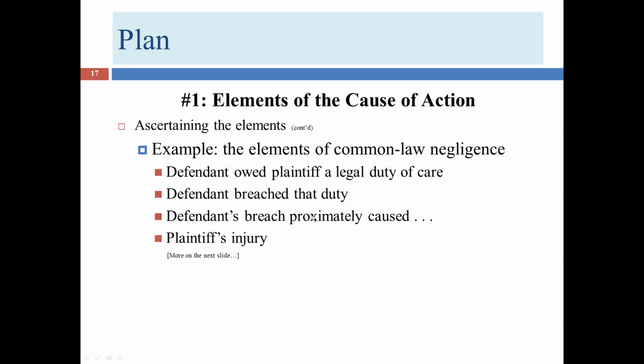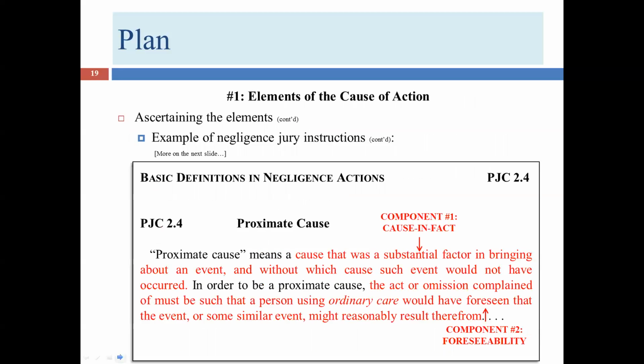Defendant's breach proximately caused. Let's pause here and look at the word proximately. This is not a word that most of us use on a regular basis, at least outside of the law. And so let's look at that a little bit more carefully on this slide. Proximate cause. There's a definition here. And again, this is the definition that the jury will most likely hear. Proximate cause means a cause that was a substantial factor in bringing about an event, and without which cause such event would not have occurred.